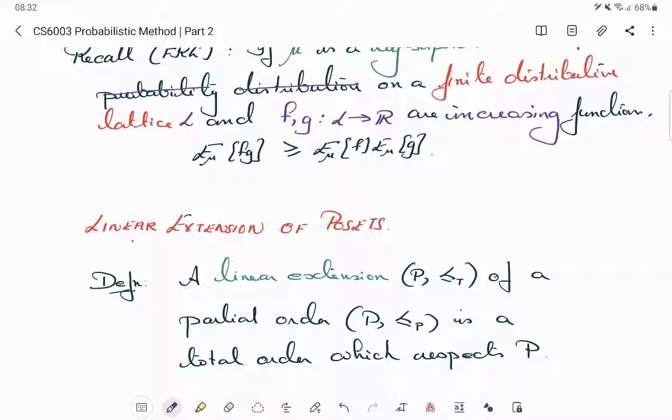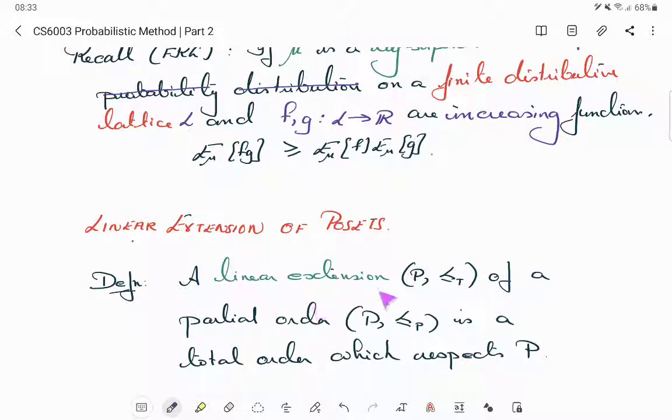Whereas a less than or equal to relation is a total order because any two elements are comparable under this relation. Either x would be less than or equal to y, or y would be less than or equal to x. Okay, so that's the definition of a total order. It's a partial order in which every pair of members is comparable. For every x, y, either x precedes y or y precedes x.